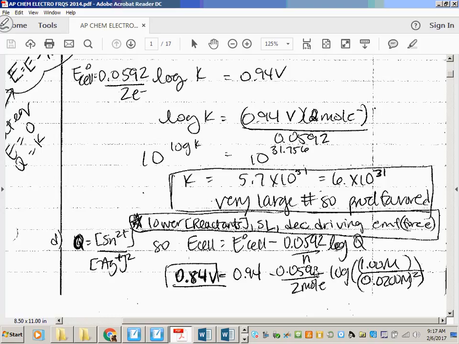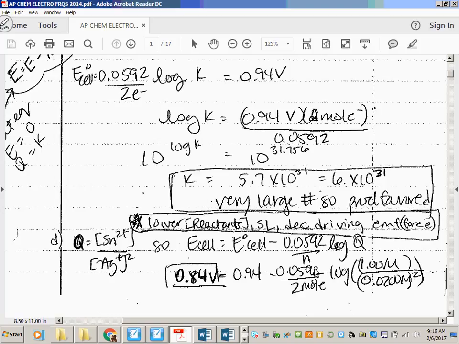Okay, so if you did it that way, did you do the opposite of log as e? I might have to look at your math. I got 0.93.